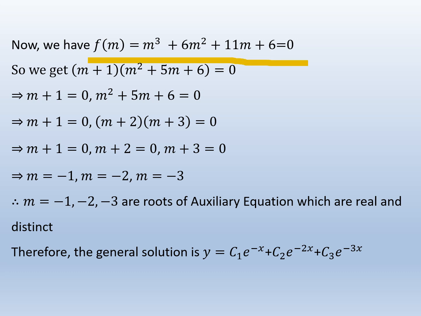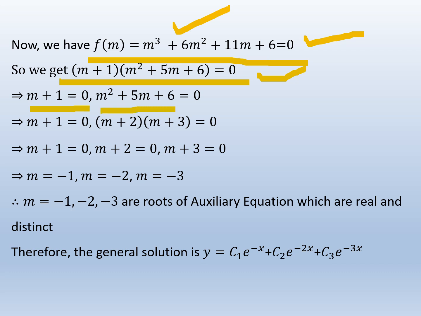Now substitute the factorization of the polynomial m cube plus 6 times m square plus 11 times m plus 6 in the auxiliary equation f of m is equal to 0. We get (m plus 1) into (m square plus 5 times m plus 6) is equal to 0. From this, we have m plus 1 is equal to 0 and m square plus 5 times m plus 6 is equal to 0.